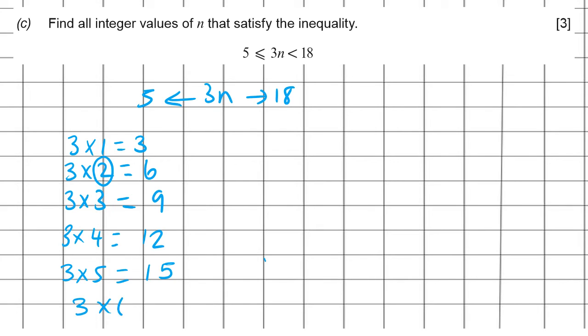Now if we do 3 times 6, that gives us 18. What it's saying is 18 is greater than 3n. If it was greater than or equal, then 6 would be a valid option, but it's not equal, it's just greater. So therefore 6 is not valid, and n equals 2, 3, 4, 5.